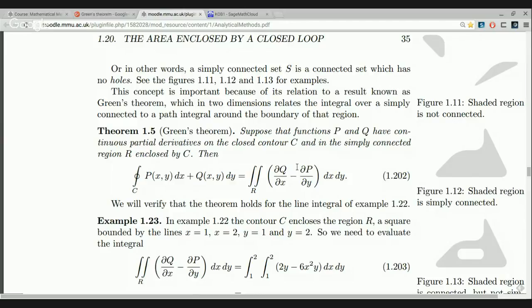So let's represent this figuratively: the sum over all the rectangles of the integral around the boundary of the rectangle, of p dx plus q dy, is equal to the sum over all the rectangles of the double integral over each rectangle of dq/dx minus dp/dy, dx dy. We're using the summation sign in a strange way there.